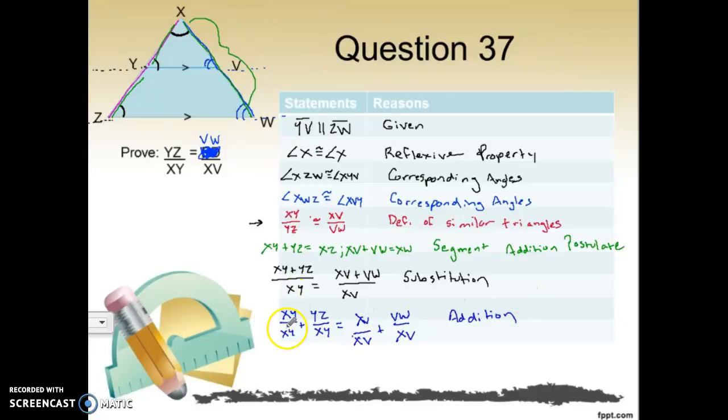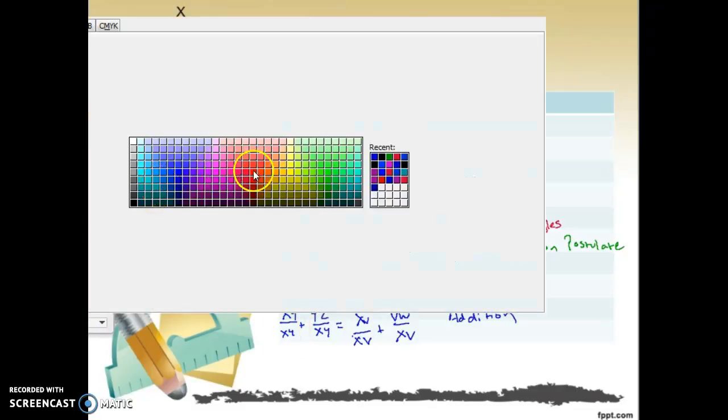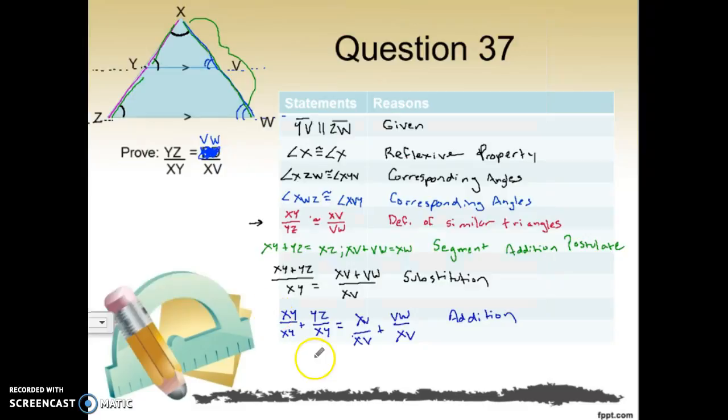Well, think about this. I know that XY over XY is equal to 1. So I'm left with 1 plus YZ over XY over here. And over here, XV over XV is equal to 1. Now, what I was trying to prove is that YZ over XY equals VW over XV.